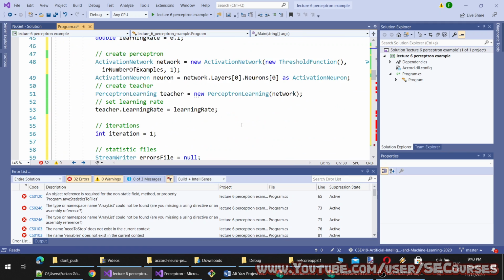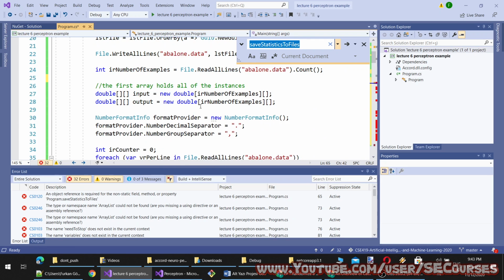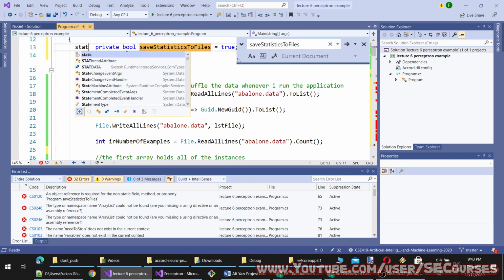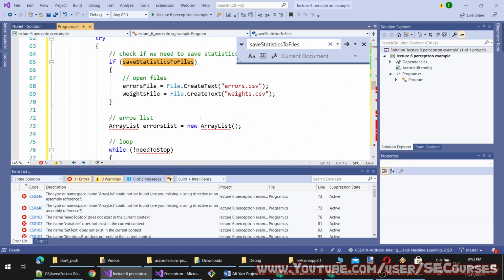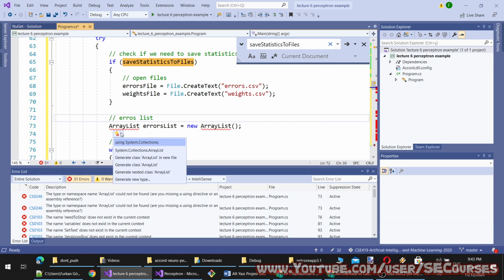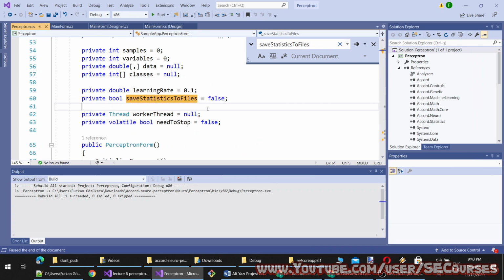And what else is there? By the way, it has to be static in our example. And there's array list. Okay, there is need to stop, which is this one.